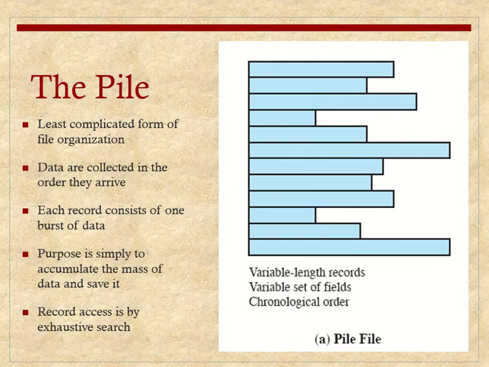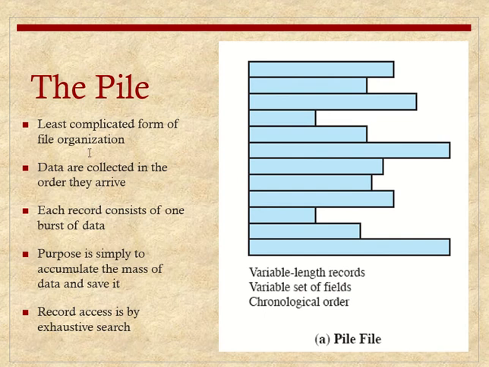Now, the first type of file organization, the pile. This is the simplest or the least complicated form of file organization. However, the record access for this type of file organization is by exhaustive search.